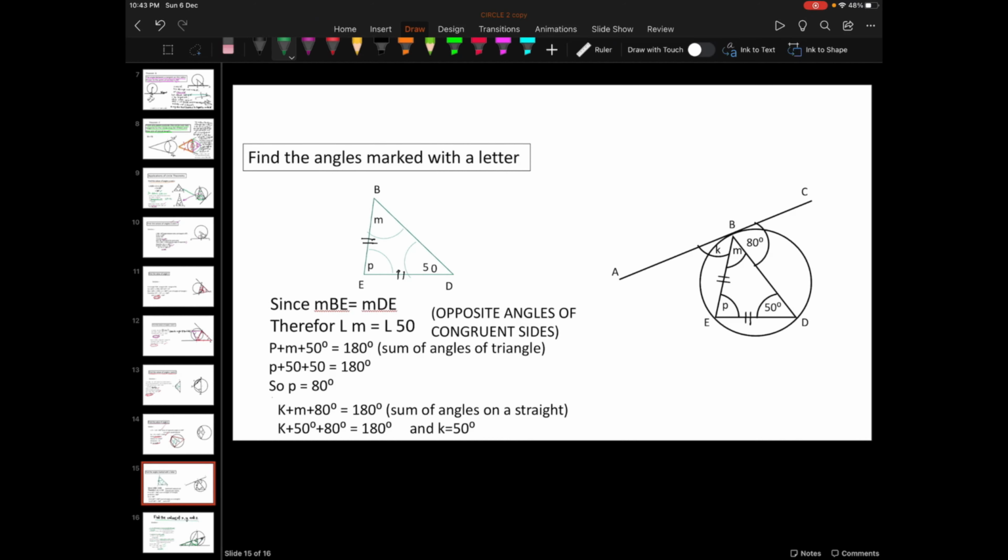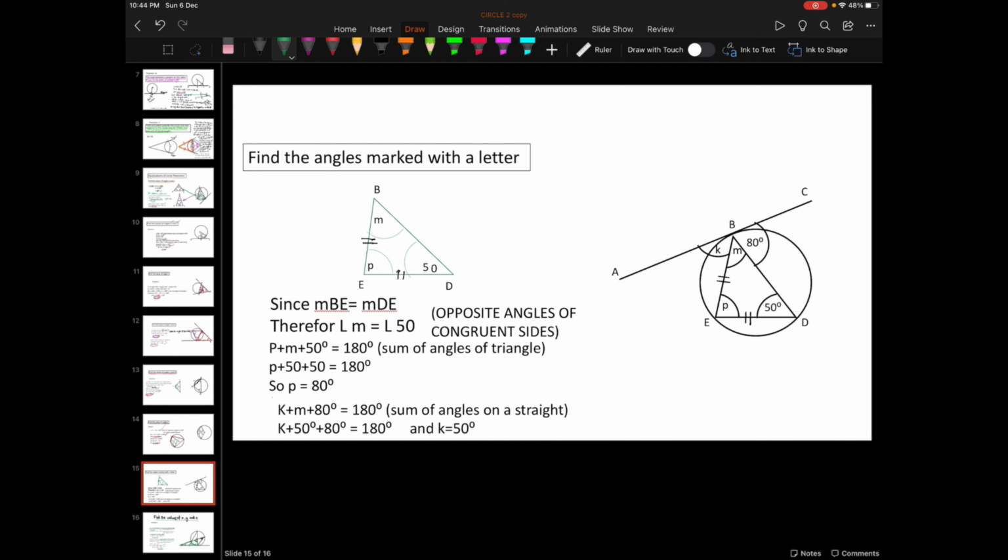Now the next question is find the angles marked with the letter. In the figure, side BE is equal to side DE, which are known.